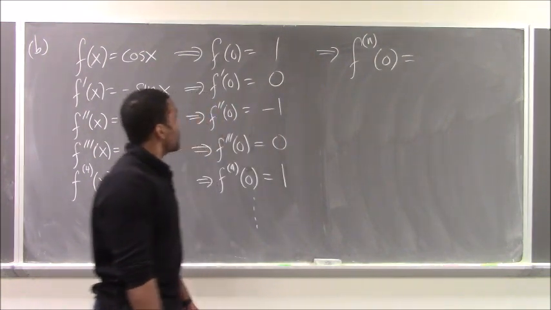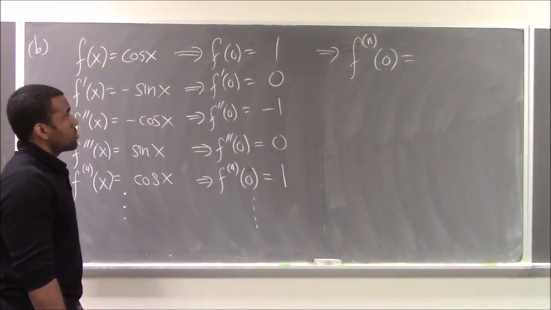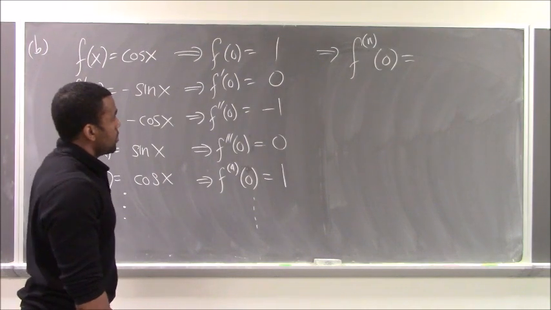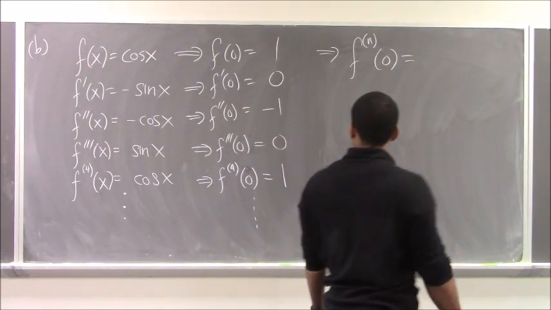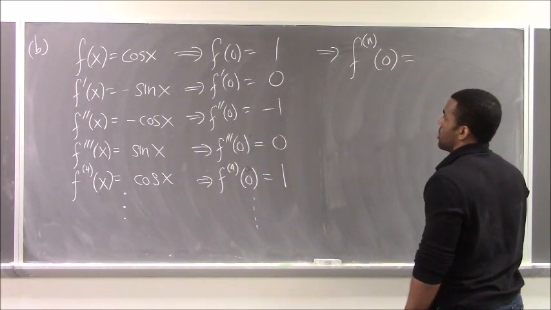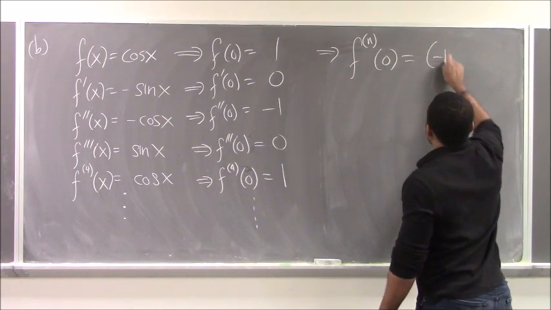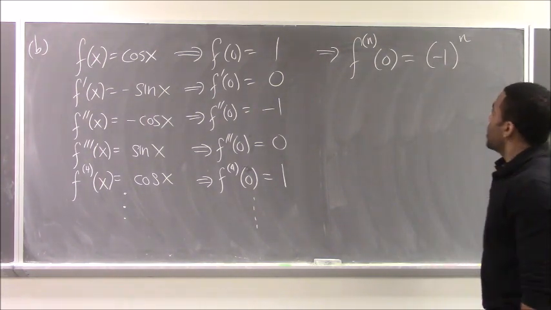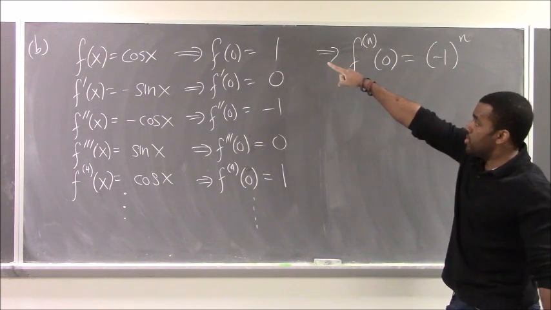It should be minus 1 to the n. Or were you asking for something else completely? Well, for the 0 derivative, that definitely does work.